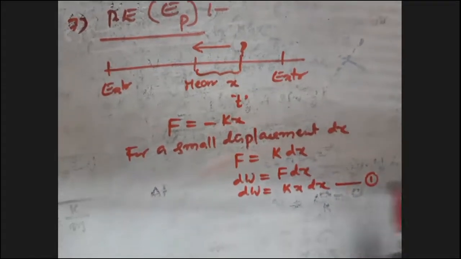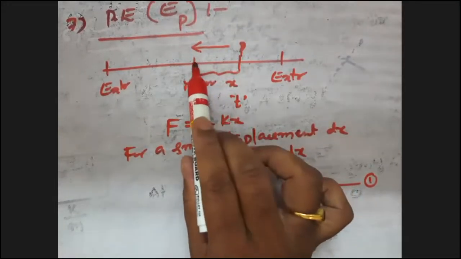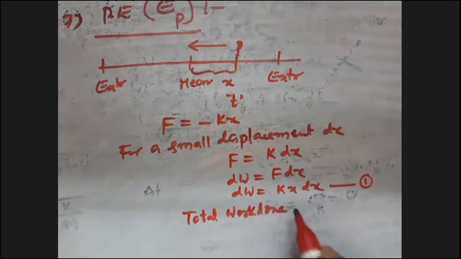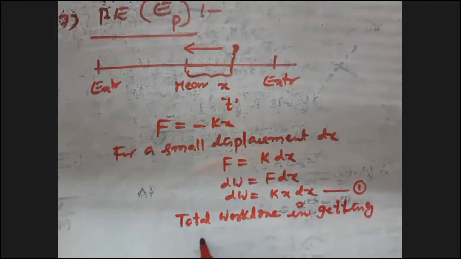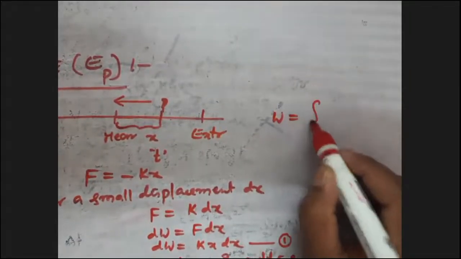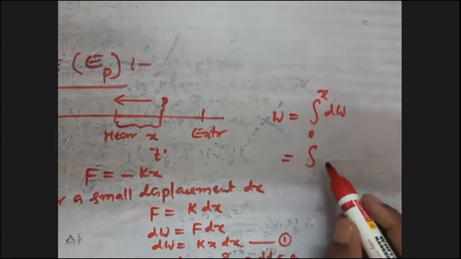But actually the particle is getting the displacement from the mean position to the point P, total x. So the total work done in getting displacement x is given by W equal to integral 0 to x of dW, that is, integral 0 to x of kx dx.